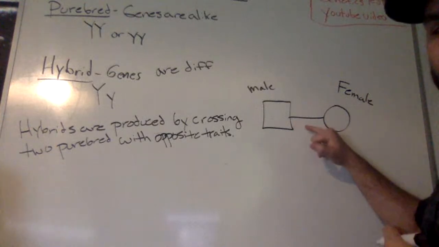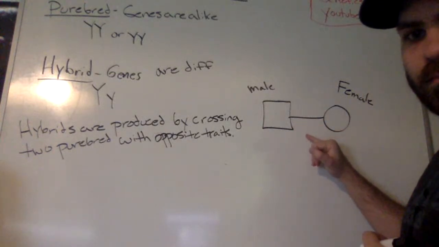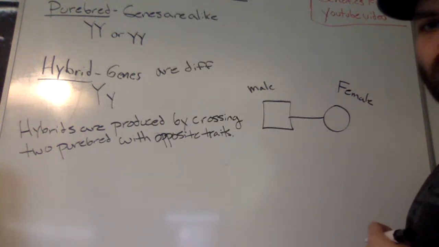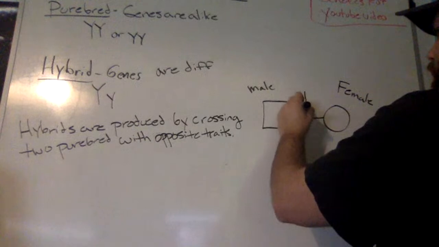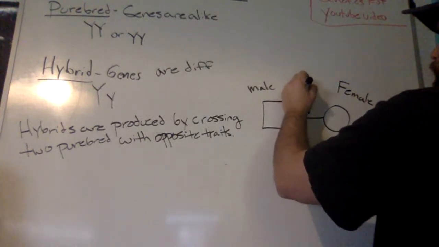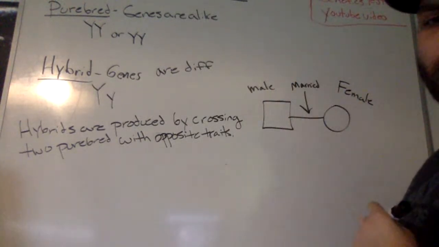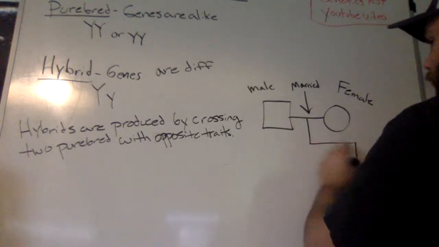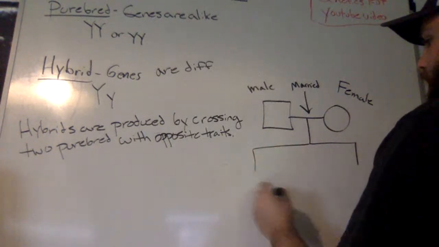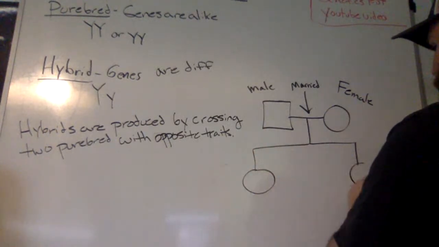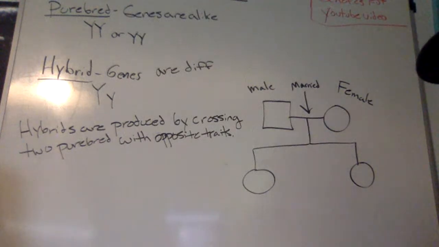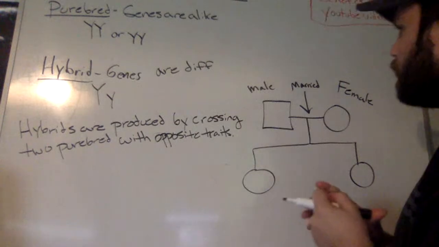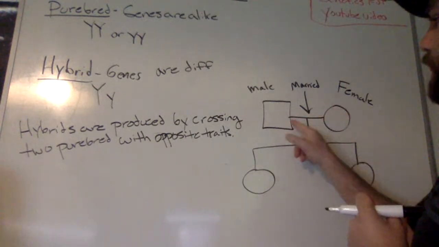Now, what is this line that's attaching them? What does that mean? This line right here, married, okay? Now, if there is another line that comes out, let's say it's something like this, okay? That means they're married if they're together.